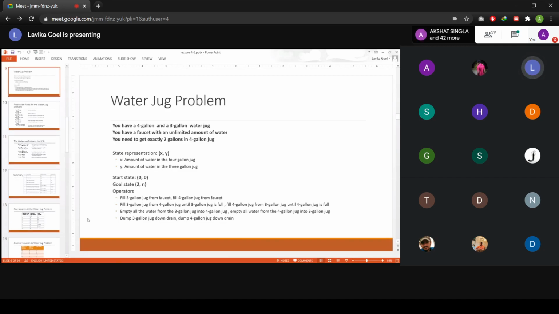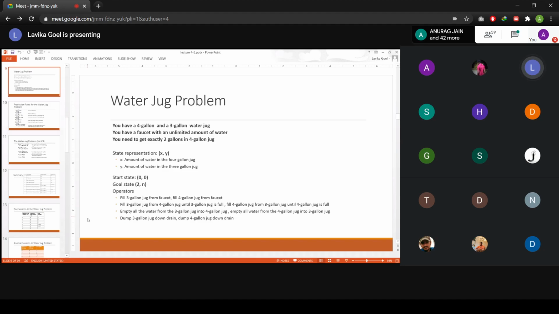You have a faucet with an unlimited amount of water, and you need to get exactly 2 gallons in the 4-gallon jug, and you don't have any measuring cylinders with you. So all these are part of the information given to you. That's nothing but a knowledge base. So that knowledge base is very important for solving a problem.